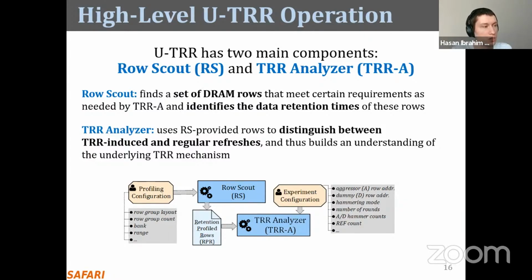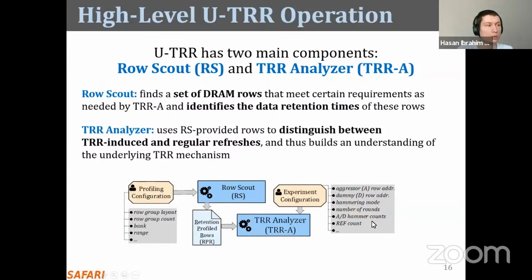Here again, the user specifies the experiment configuration, stuff like the aggressor row address, where within the DRAM, or in which locations relative to the rows provided by Row Scout, these aggressor rows will be located. And whether there's a need for dummy rows, I will explain the use of these dummy rows, and how many times these aggressor and dummy rows should be hammered and in which order.